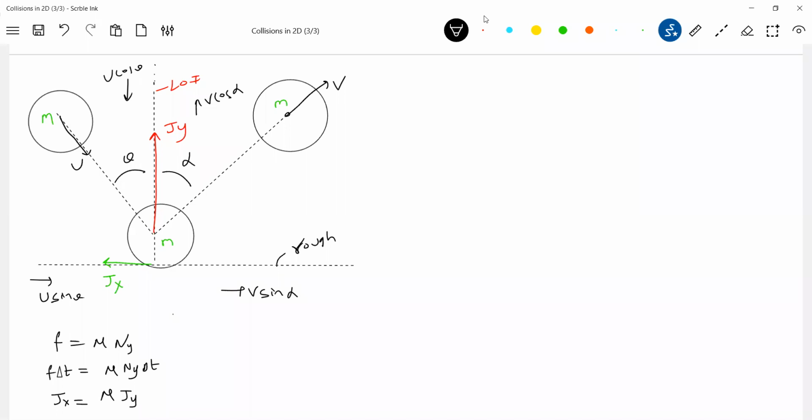Okay, let's write the first, coefficient of restitution formula. Along the line of impact, e equal to v cos alpha by u cos theta. Then the impulse momentum equation: mu cos theta minus Jy equal to minus mv cos alpha.